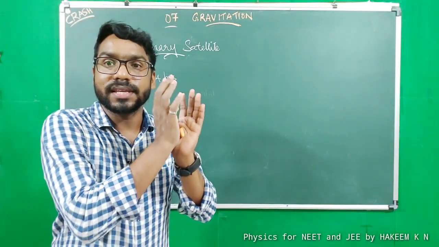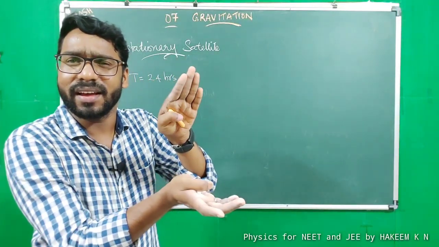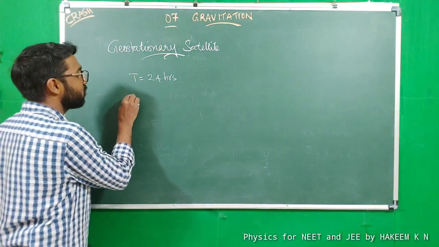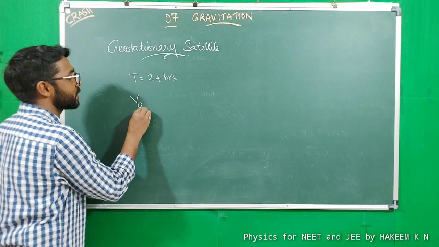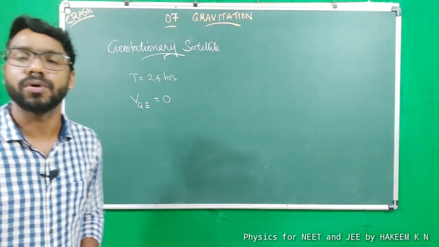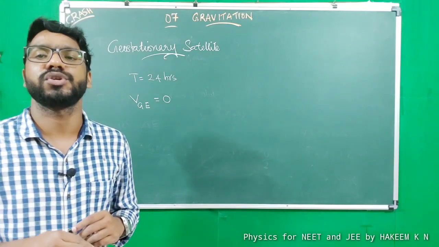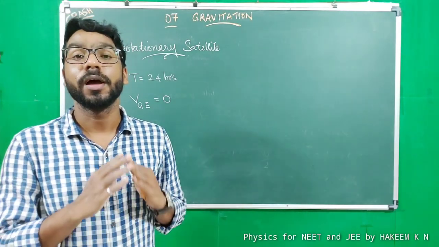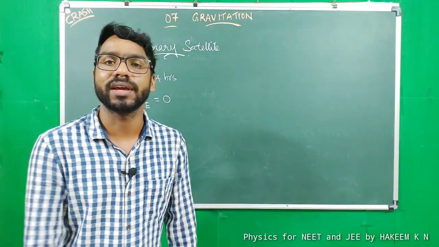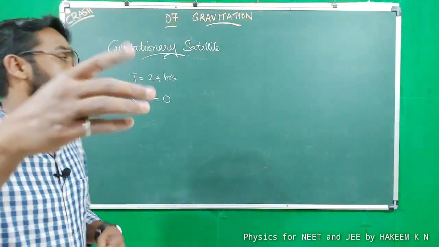So the satellite seems to be at rest, or relative velocity of geostationary satellite with respect to Earth is 0. The orbit of geostationary satellite is called parking orbit.